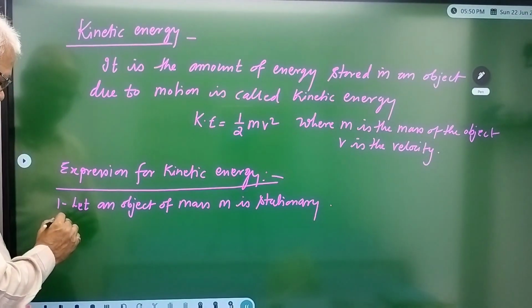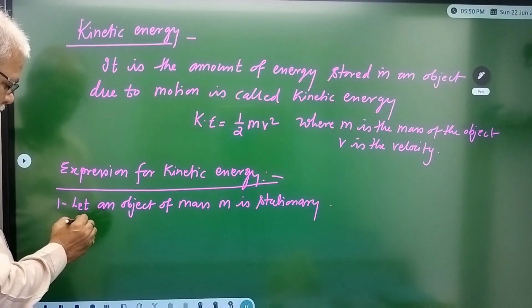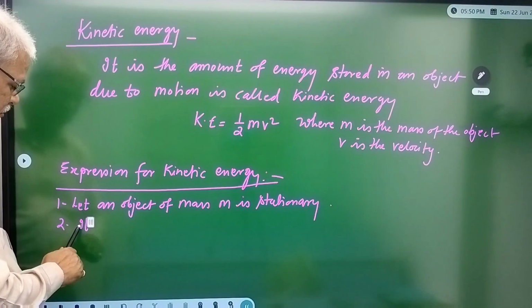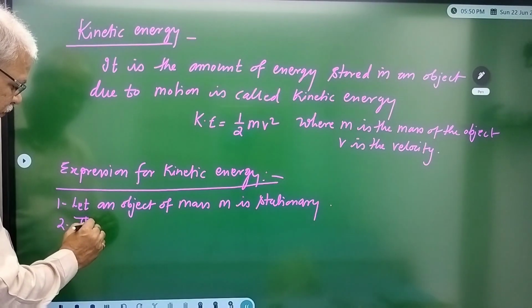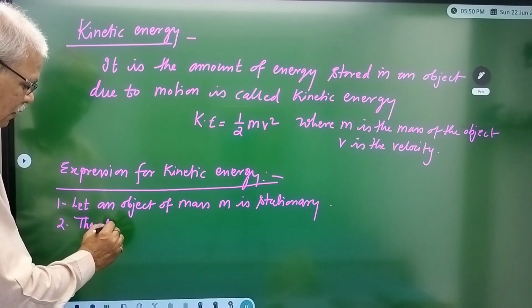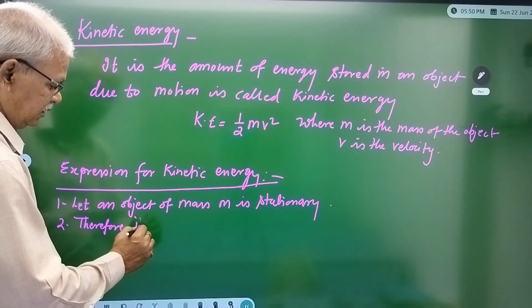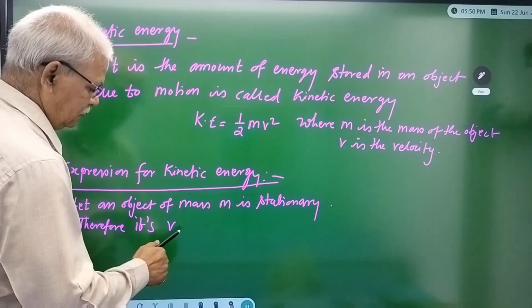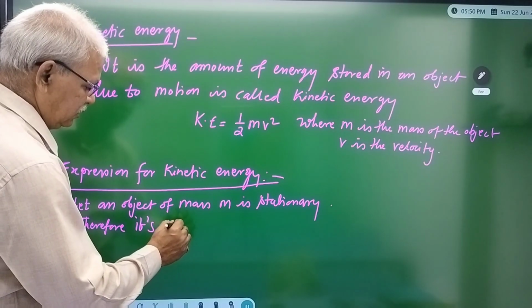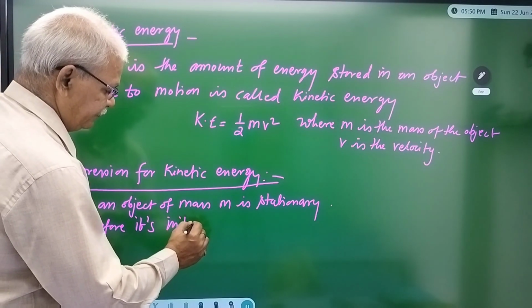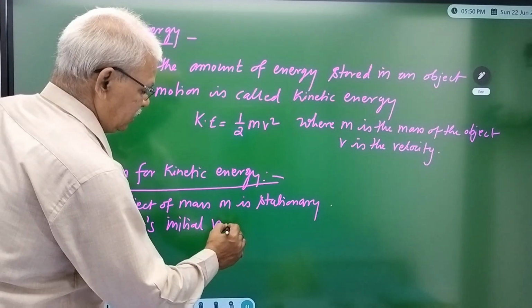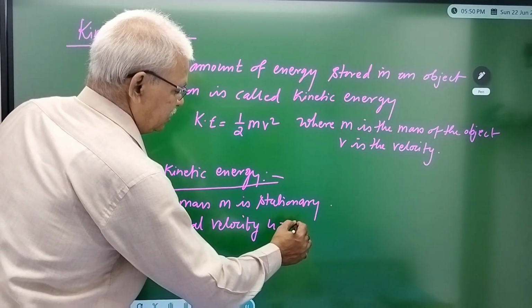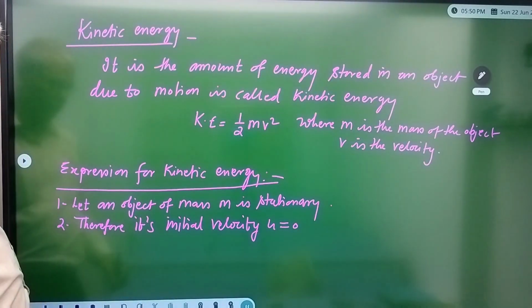The second point. Therefore, its initial velocity u is equal to 0.